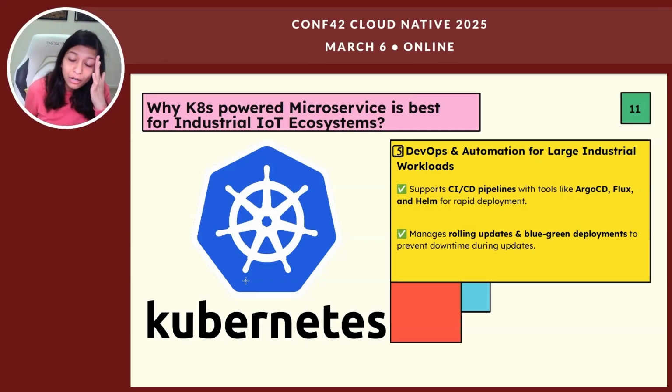And there is also blue-green deployment, which is basically A/B testing, where you can test out blue, one solution, and green, another solution, and ensure which one is working fine. Before going to production, you can check it out and ensure that everything is smooth. So this gives a no-downtime scenario, because everything is tested before you go into the production environment. So all these five reasons are very compelling to go into Kubernetes.